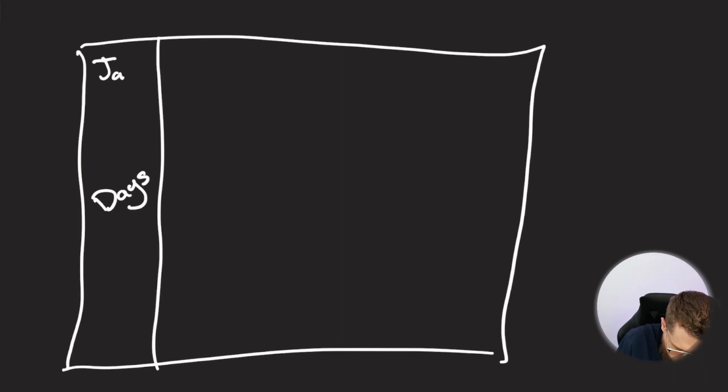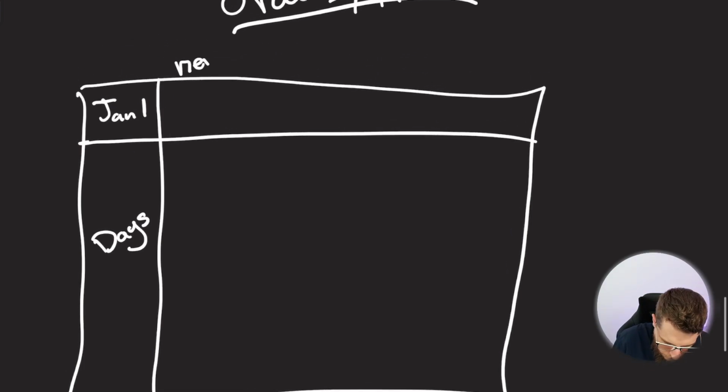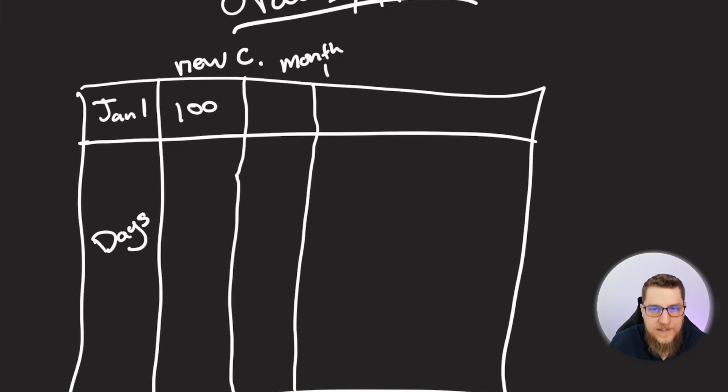Let's just say this is our Jan 1 group here, and we're going to know that they have new customers. Let's say new customers here is going to be 100 people. So on Jan 1, we have 100 people that are going to be our new customers. Now we're at day 0.